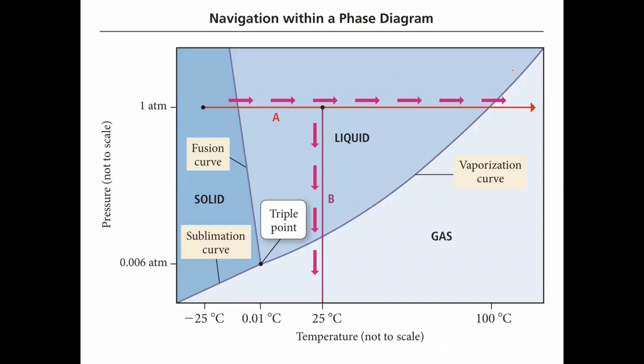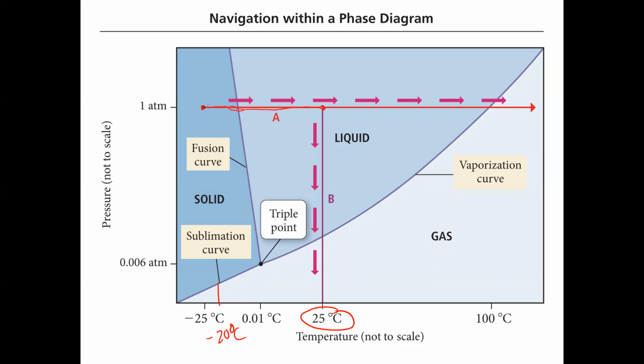So we're using water again just because people are comfortable. But what it's showing you is, let's say this is negative 20 degrees Celsius, and I'm at 1 atmosphere. If I heat it up to 25 degrees Celsius, what's going to happen? Well, I'm going to move along 1 atmosphere all the way up to 25.